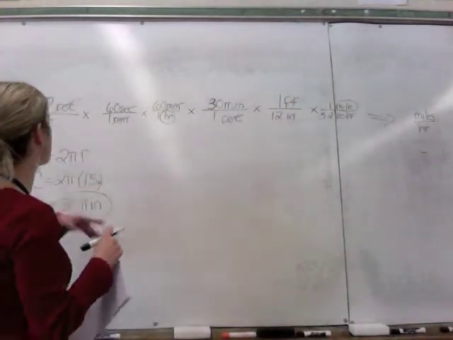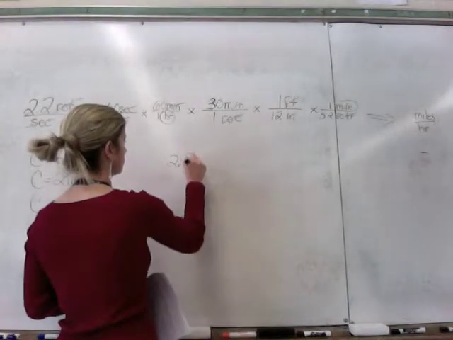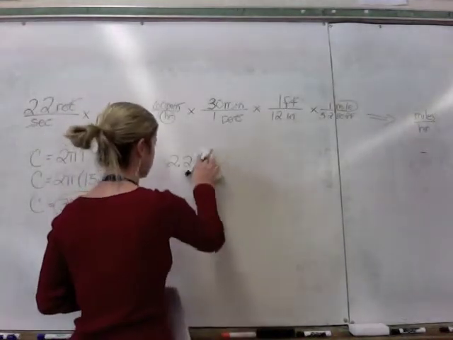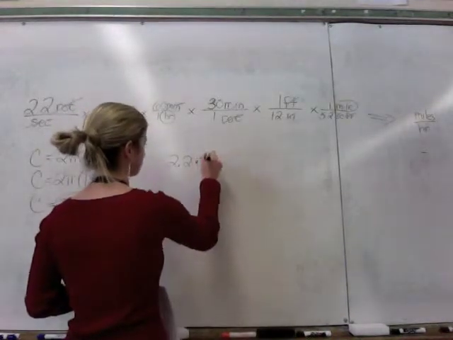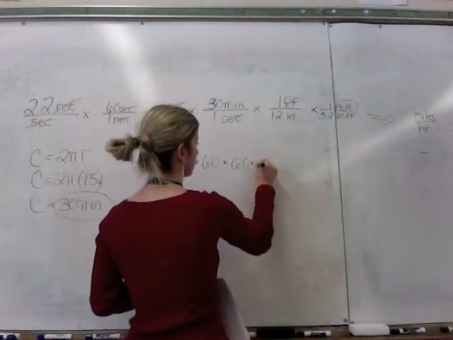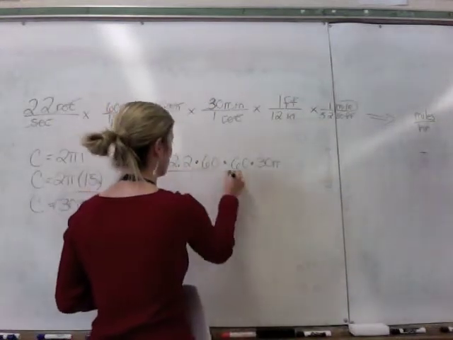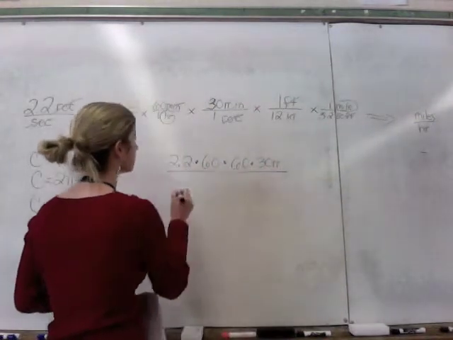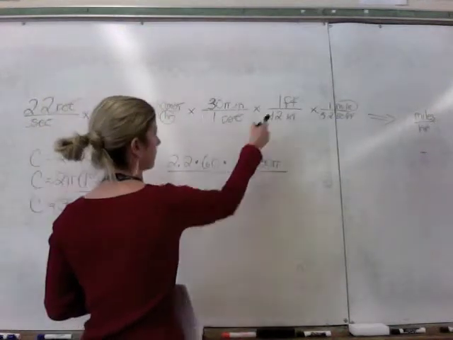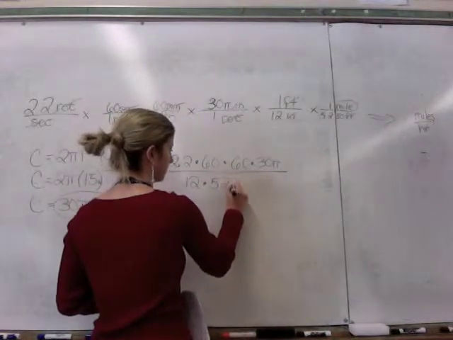Now multiply everything across, so it's going to be 2.2 times 60 times 60 times 30 pi, and then times 1 we don't need, all over 12 times 5,280.